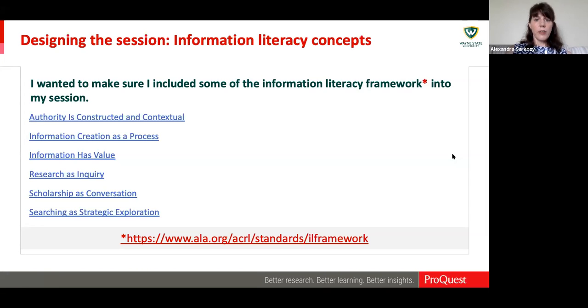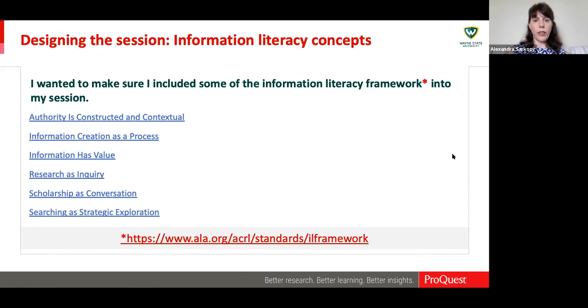And when I was designing the session, I knew that we were going to be focusing on text and data mining, that I was going to be demonstrating the TDM Studio and some of the analyses it was capable of. But I also wanted to incorporate a lot of information literacy concepts into the session, because these are kind of the backbone of the way I do my instruction anyway.